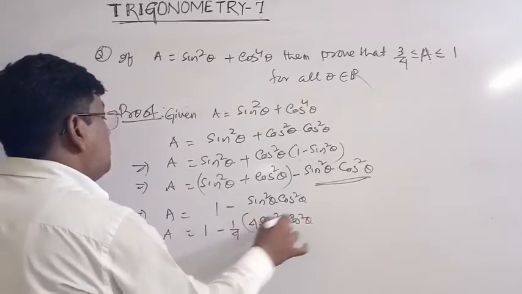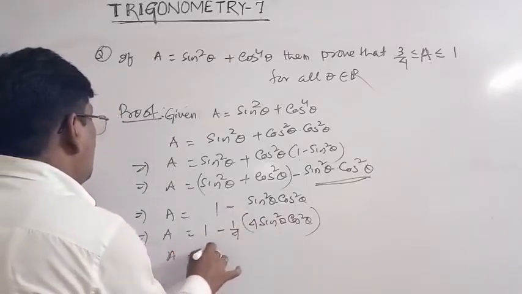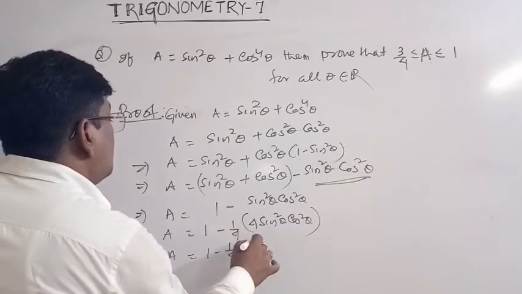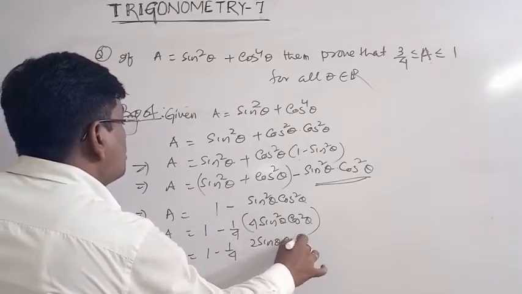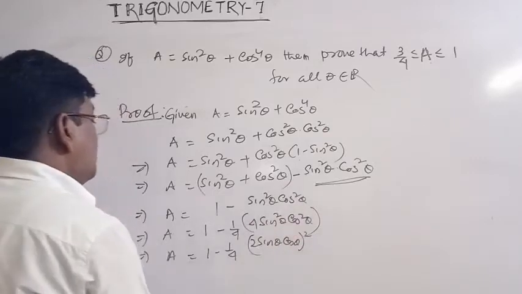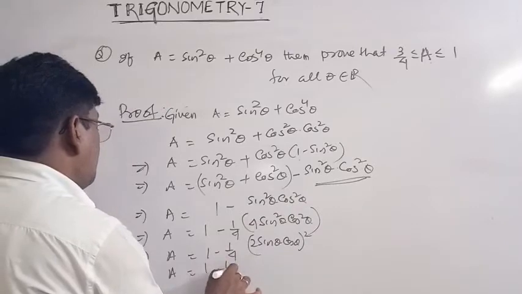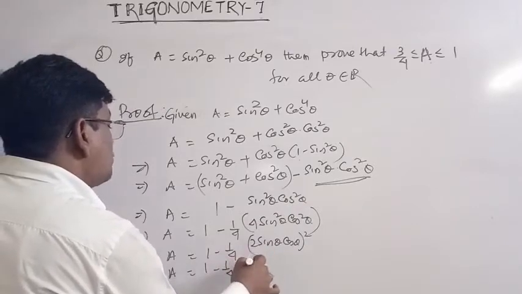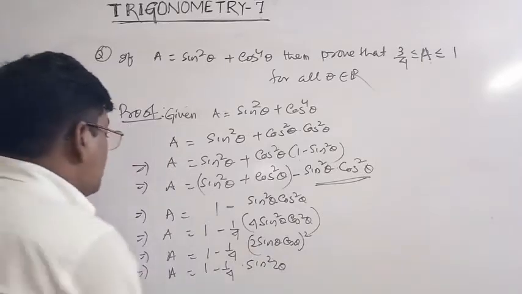So A is equal to 1 minus 1 by 4 into (2 sin theta cos theta) whole square. This is sin 2 theta. So A is equal to 1 minus 1 by 4 sin 2 theta whole square, that is sin square 2 theta.